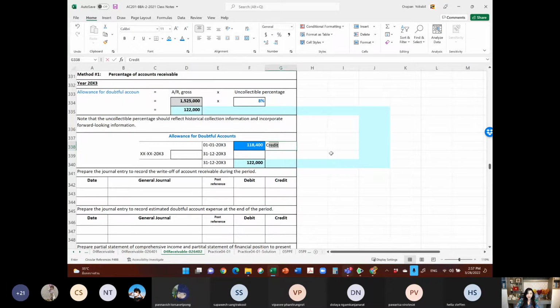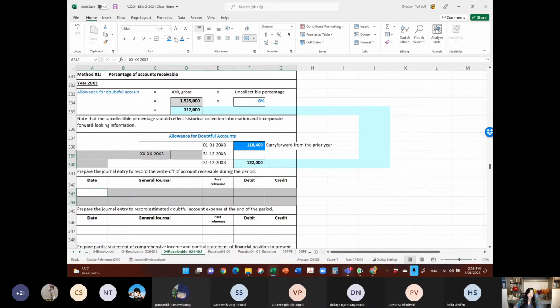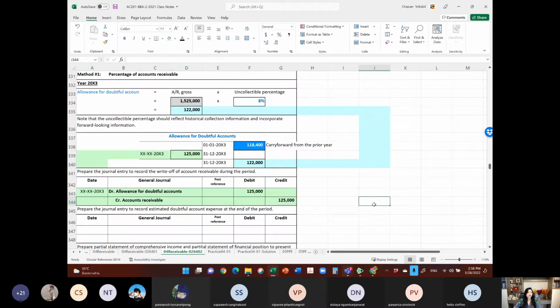This number is actually carried forward from the prior year. And according to the information given to you, you have written off the accounts receivable for 125,000.